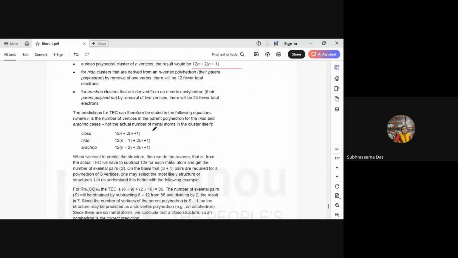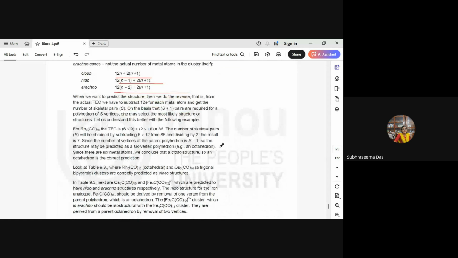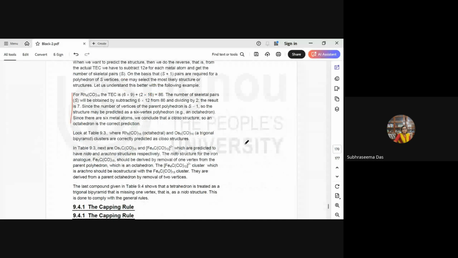The predictions for TEC can therefore be stated in the following equations: closo is 12n plus 2n plus 1, nido is 12n minus 1 plus 2n plus 1, and arachno is 12n minus 2 plus 2n plus 1. Here an example has been described for Rh6(CO)16 showing how we can calculate the TEC.